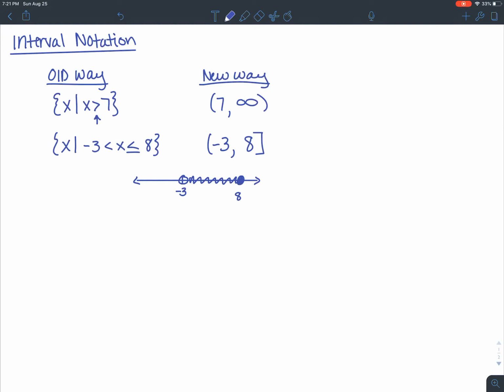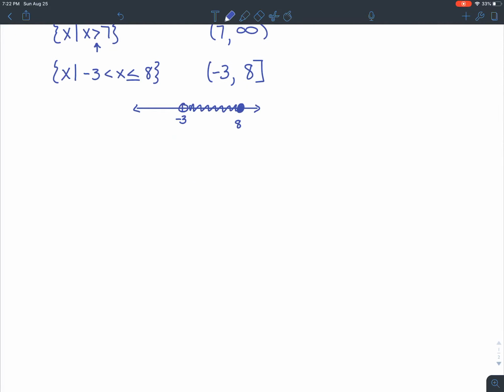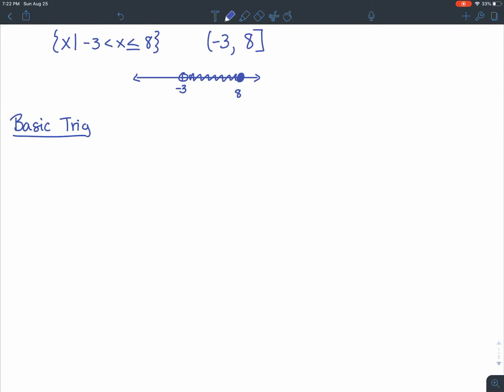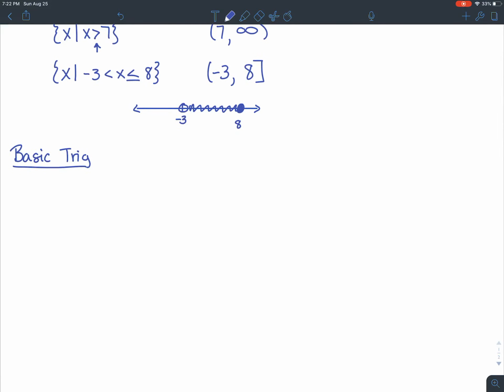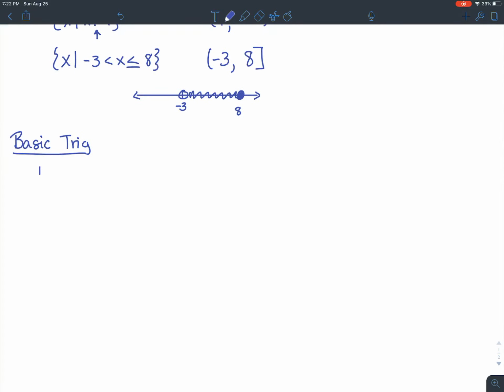Now we're going to jump right into trig, SOH CAH TOA. Basic trig. I'm going to do a triangle. This is what the problem would be. I'm going to call this problem number 1.